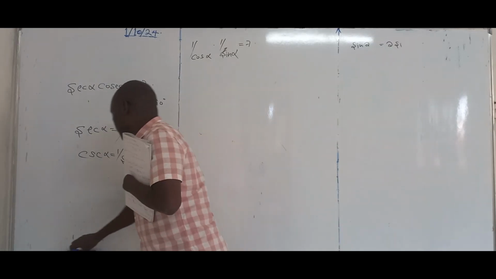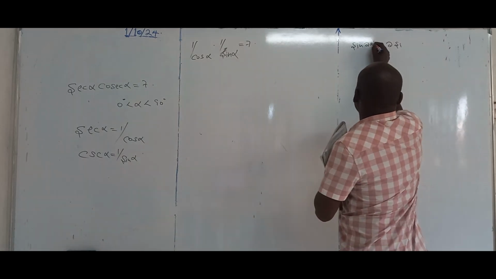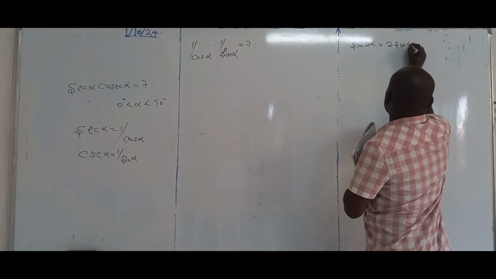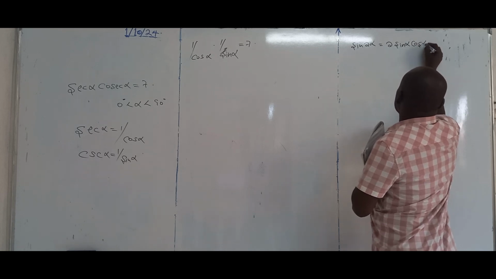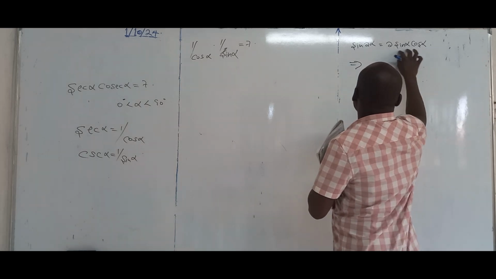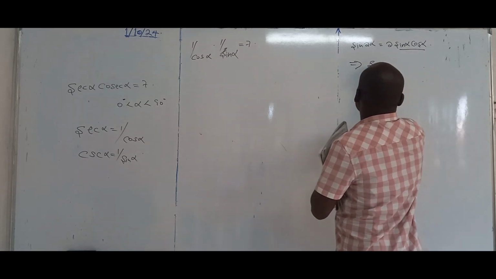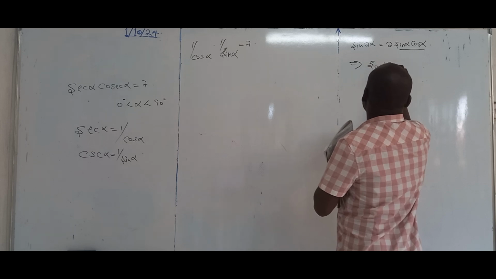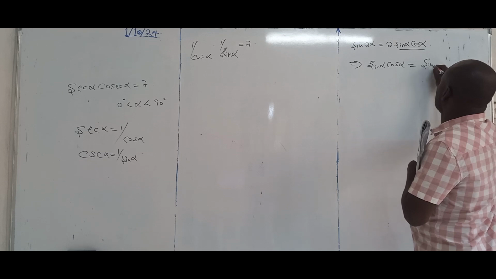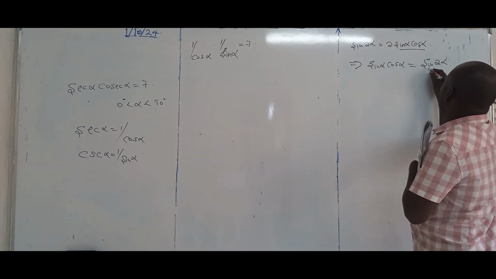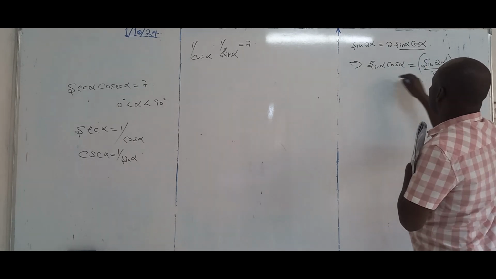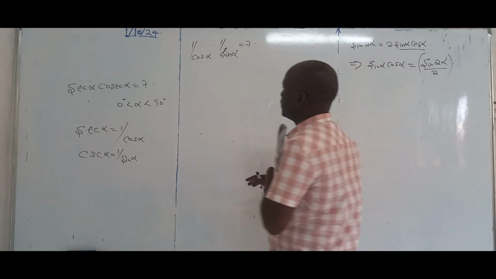So sine 2 alpha should be equal to 2 sine alpha cos alpha. This implies that if I make this the subject, I'll have sine alpha cos alpha is equal to sine of 2 alpha all over 2.